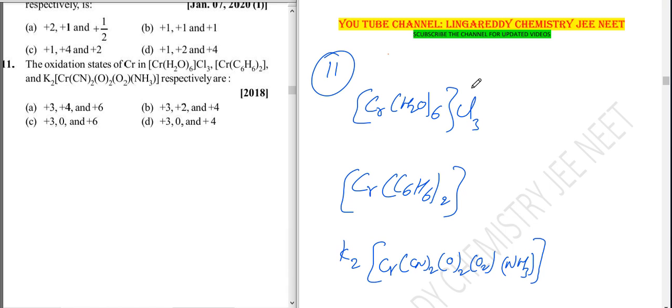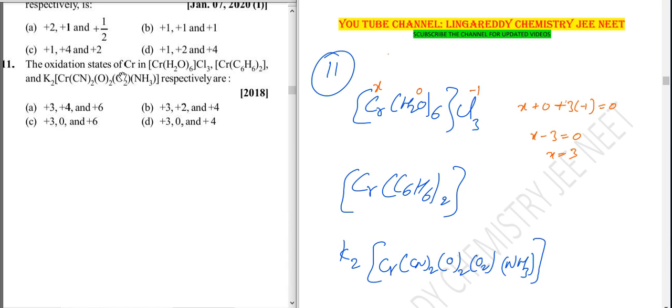See, chlorine is minus 1, water 0, then chromium we don't know, X. X plus 0 minus 1, chlorine is minus 1, total chlorine is 3 into minus 1, so x minus 3 equal to 0, then x equal to 3.